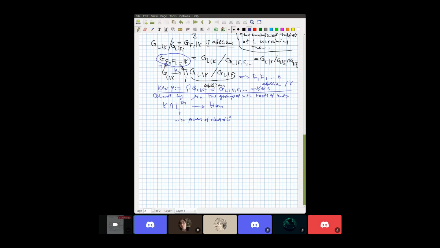It does matter because we don't want to consider zero. We want this to be a group. So we consider homomorphisms from the Galois group to mu n. And of course, you see that mu n is actually a cyclic group of order n, because we assume that our field K contains a primitive nth root.